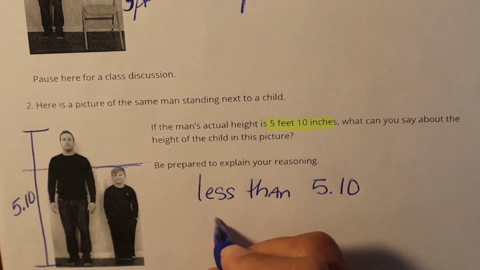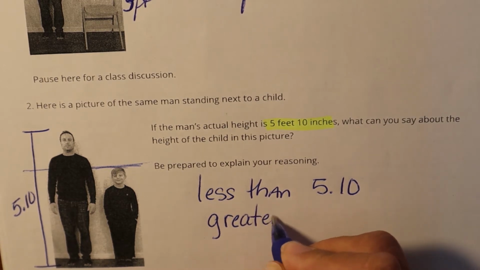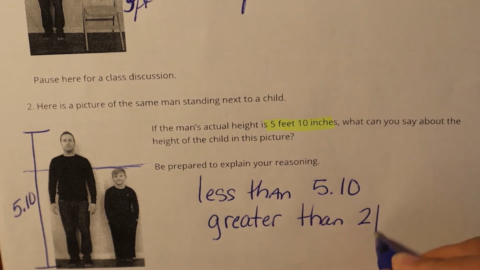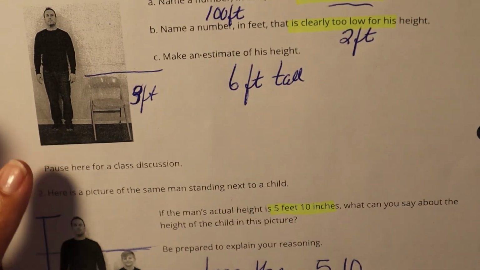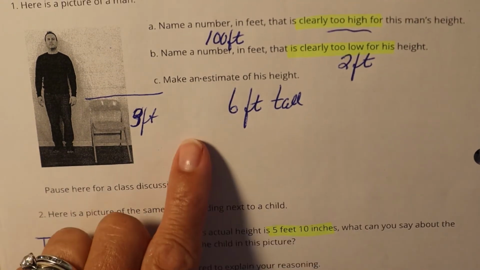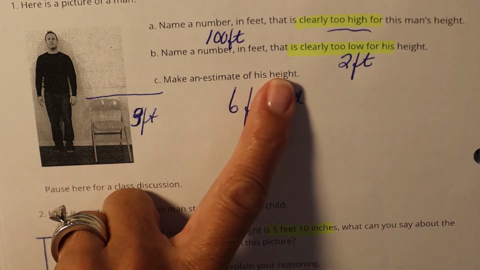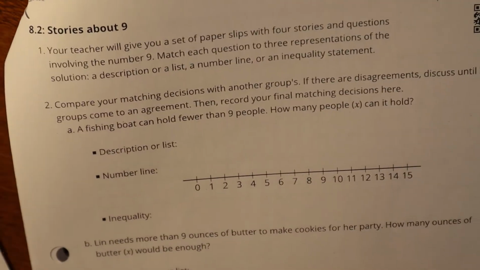So we can say that the boy is greater than 2 feet. That's what we said the chair was up here in this example; we estimated that too low would be 2 feet. Just fun little estimations. Let's turn your page and get to today's actual lesson.